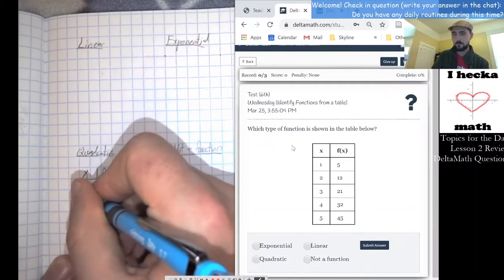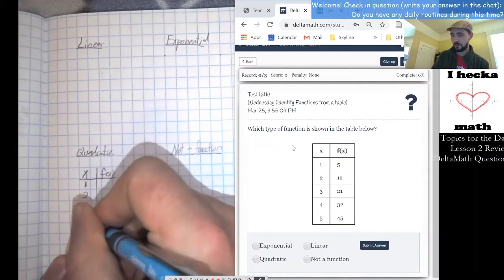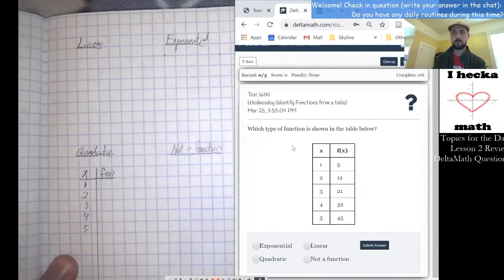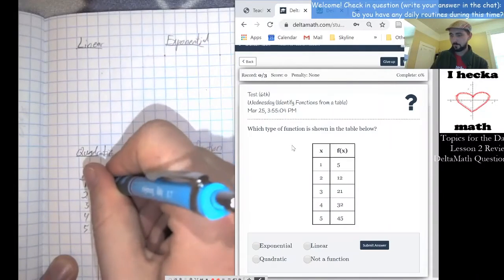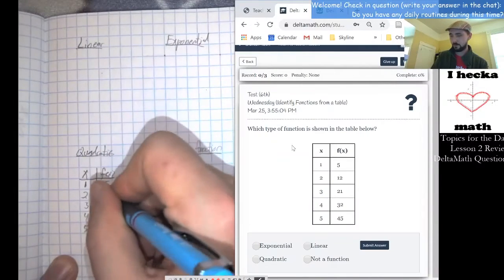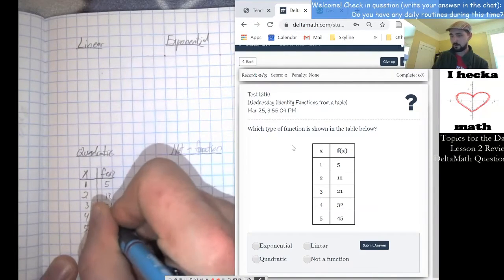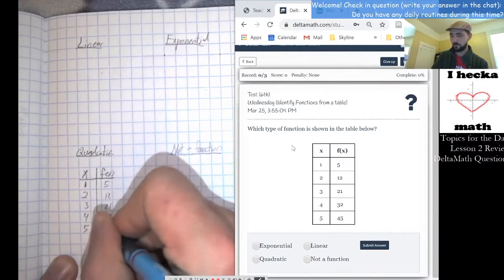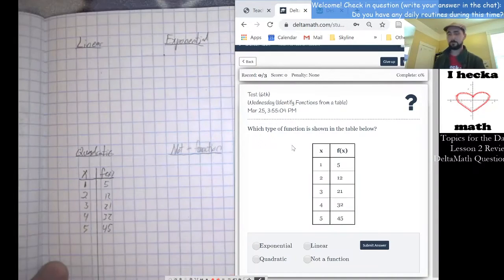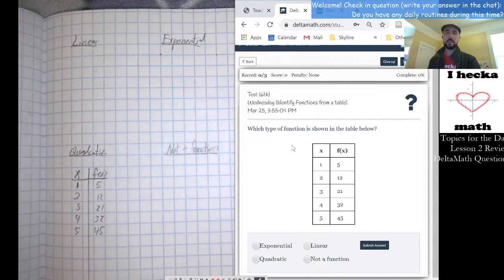X is 1, 2, 3, 4, 5. And f of x is 5, 12, 21, 32, 45.